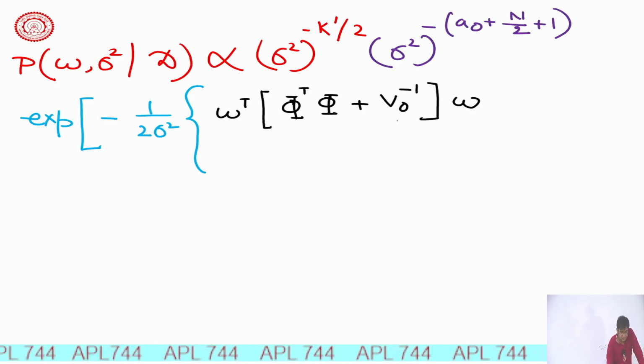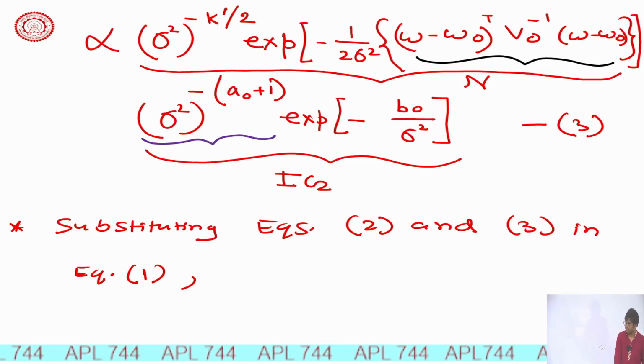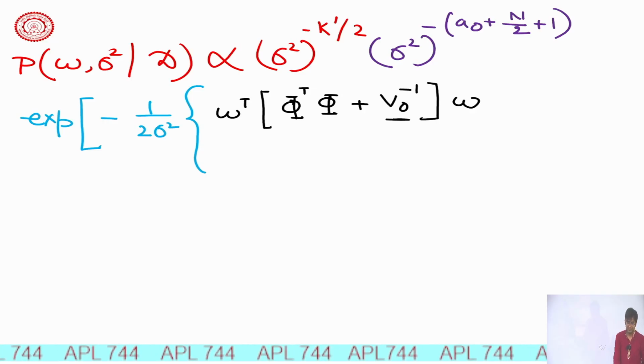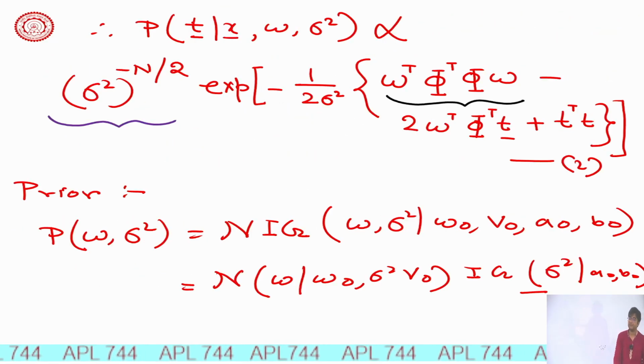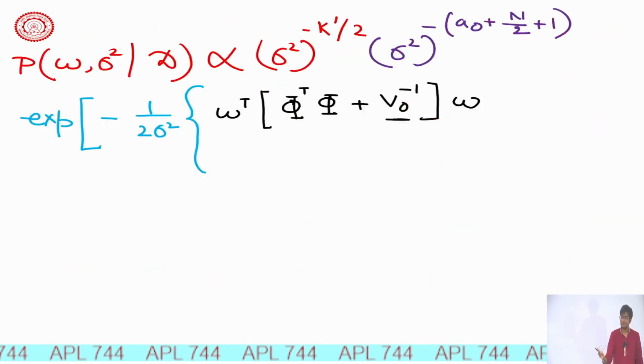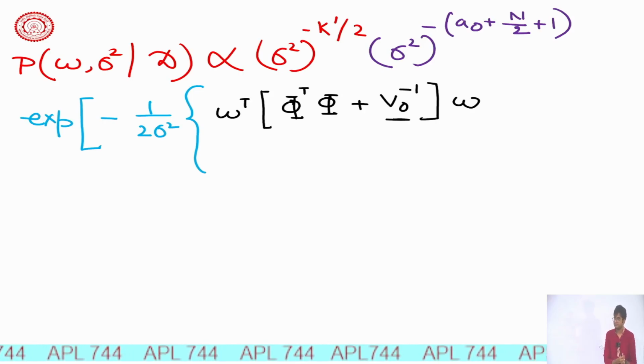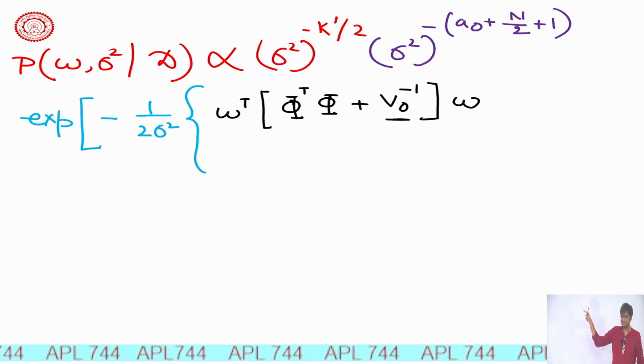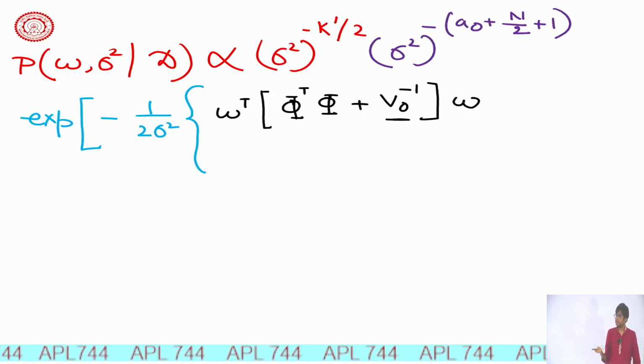So this V naught inverse is coming from the prior equation 3. Phi transpose phi is coming from the likelihood, equation number 2. And obviously phi is function of your training data, so that has to be likelihood. And V naught is your prior parameter, so that has to be prior. Okay. So that was my quadratic term. Next, what will I take? The linear in W.